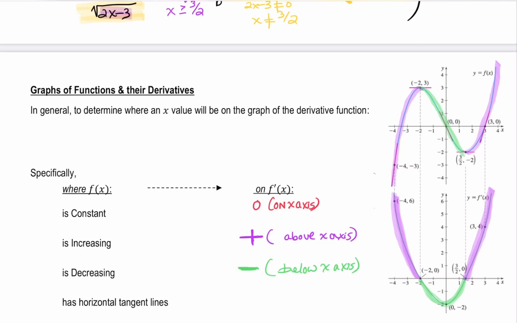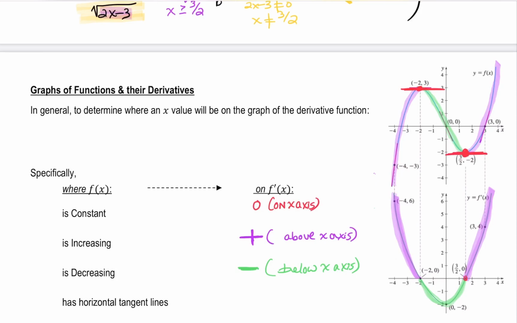All right, places of horizontal tangent lines are where the slope is equal to 0. So if you think about going back here, places where you have a horizontal tangent line, right at that one point, the slope is equal to 0. Again, right at this one point, the slope is equal to 0.